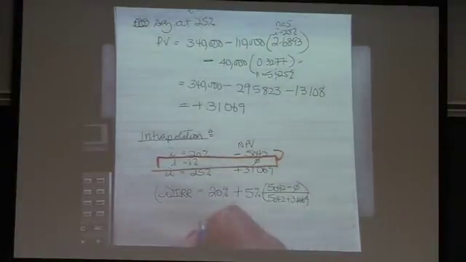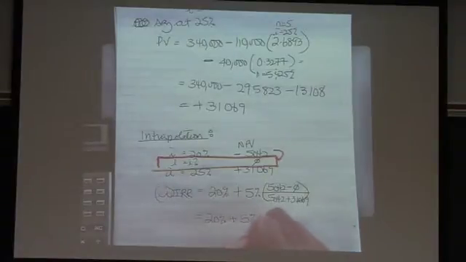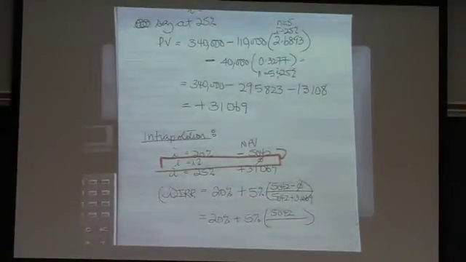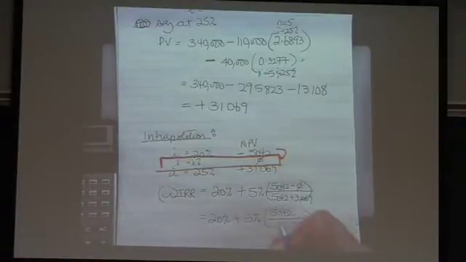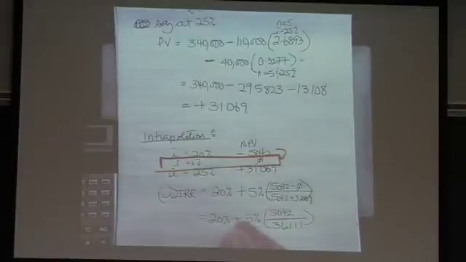Okay, so now it's 20% plus 5% times 5042 divided by 36,111.